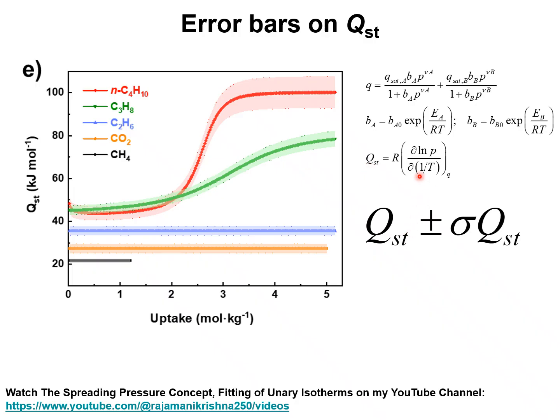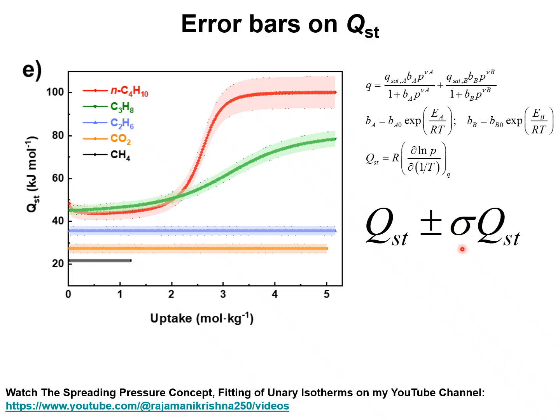Now, the source of error in the QST calculations is entirely due to errors in the estimation of the loadings using the DSLF fits, and these errors are quantified by the parameter sigma that I have explained in my previous slide.